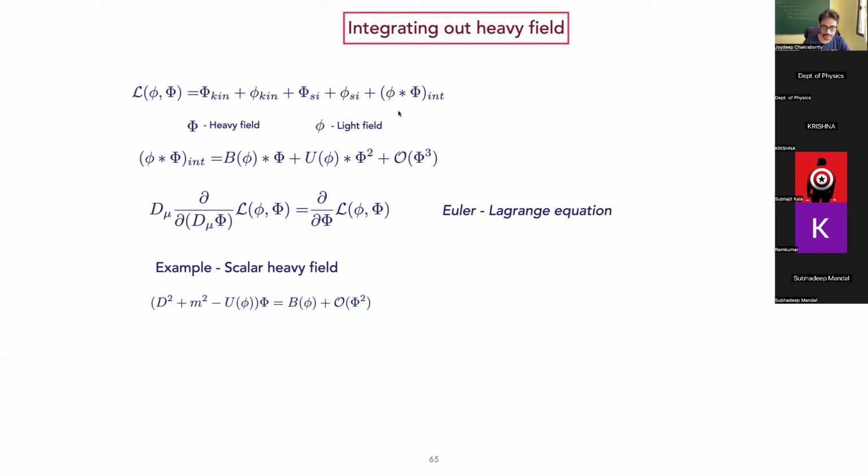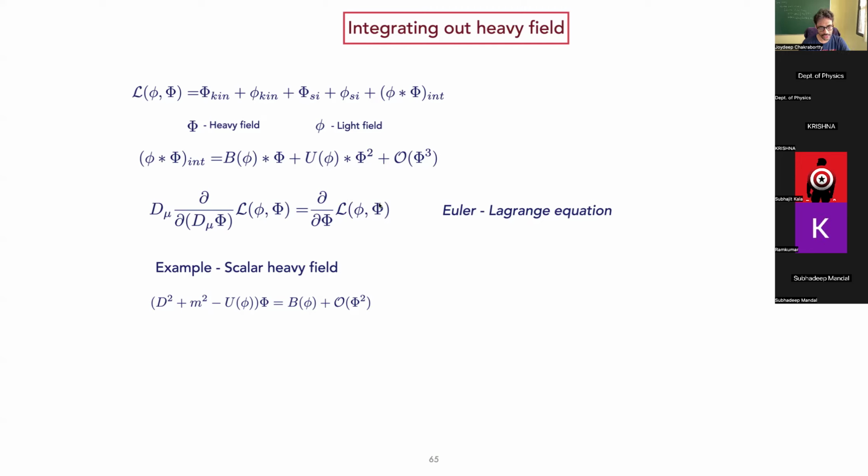And this mutual interaction part you can think of like a polynomial in the heavy field. For example, it can be linear, then quadratic, and then a trilinear term could be there. As we are starting with the UV Lagrangian, which is renormalizable, having up to dimension 4 operators, this cannot contain more than that, right? Because the quartic part is already here.